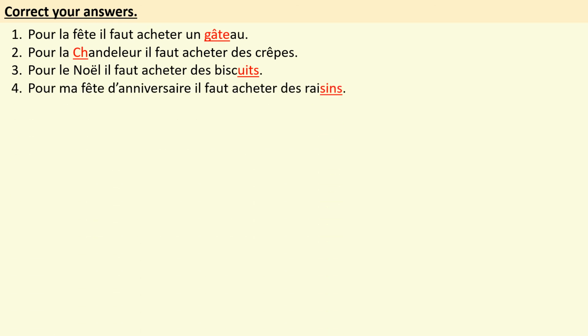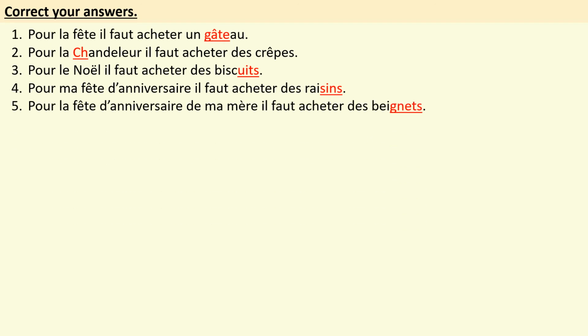Pour ma fête d'anniversaire, il faut acheter des raisins. And 5. Pour la fête d'anniversaire de ma mère, il faut acheter des beignets. Well done, check you got those correct. Use your highlighter pen to tick or correct them. Press pause to do that now, press play to go on.